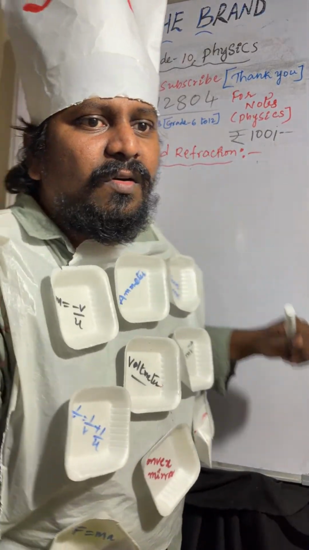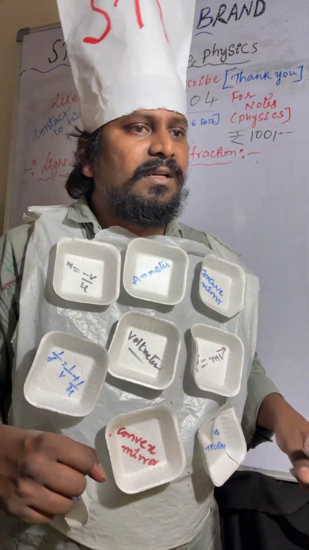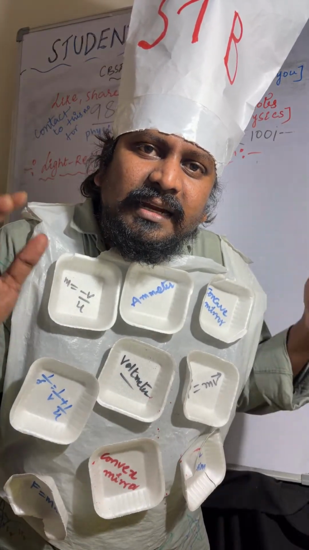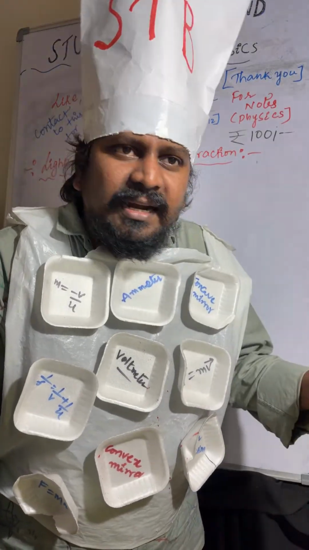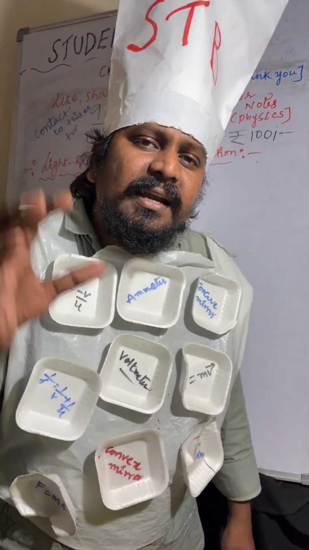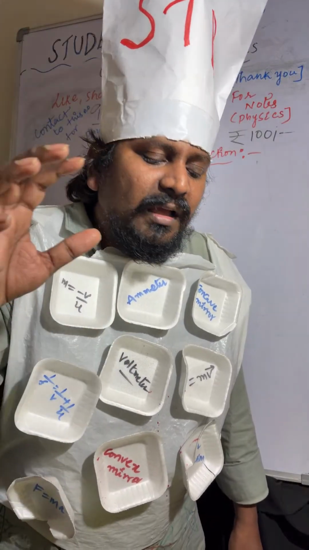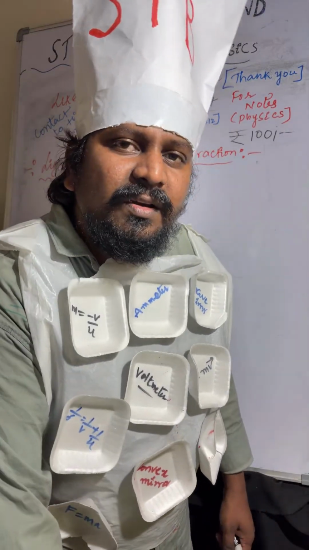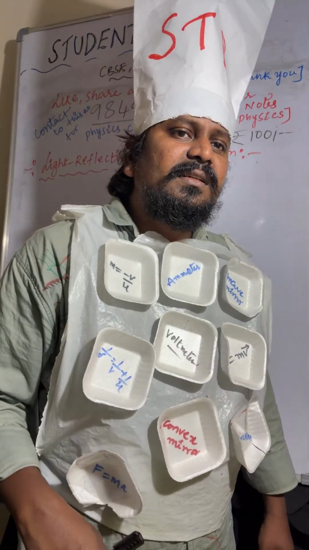So coming to regular reflection: if incident light rays are parallel, then reflected light rays are also parallel to each other. That type of reflection is called regular reflection.